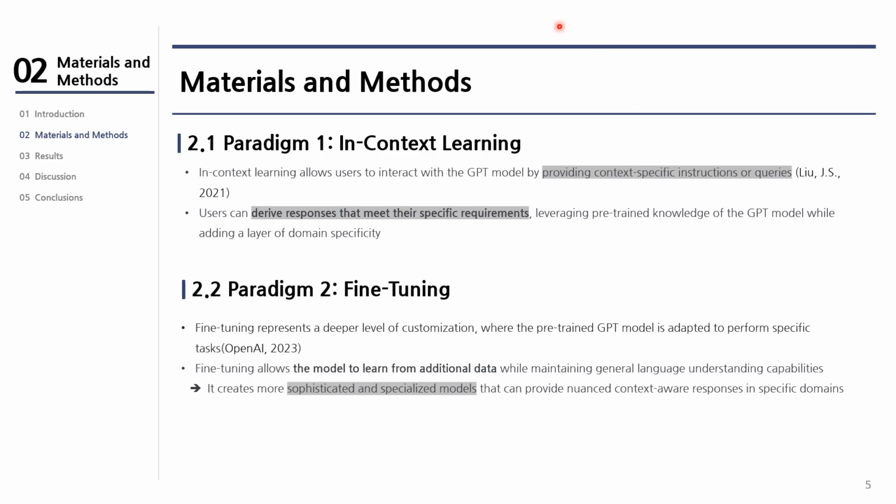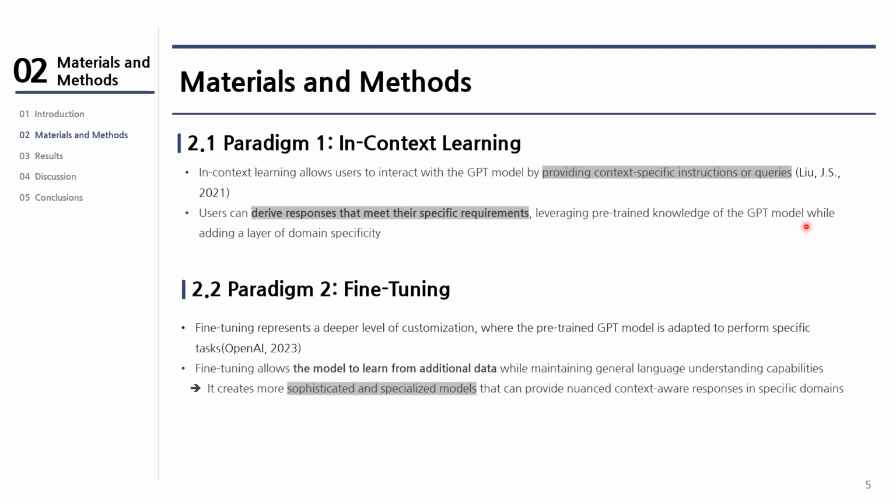Next are the materials and methods. This paper presents two paradigms. In-context learning, also called prompt engineering or prompt design, allows users to interact with the GPT model by providing context-specific instructions or queries.